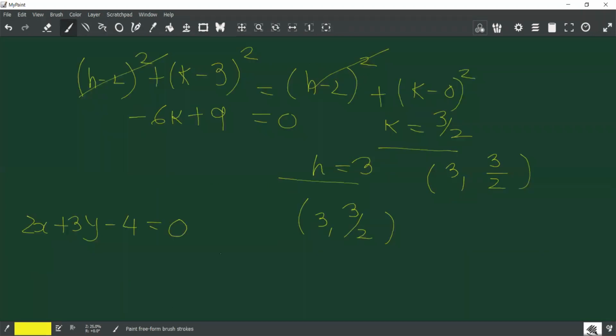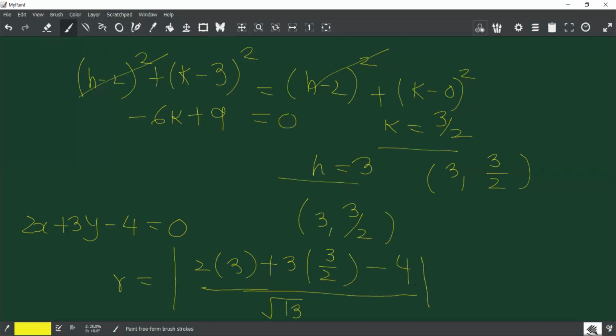So the radius is mod of 2 into 3 plus 3 into 3 by 2 minus 4, upon root of 2 square plus 3 square, which is root of 13. So it is 2 plus 9 by 2, that is root 13 by 2. Your final answer for the radius is root 13 divided by 2.